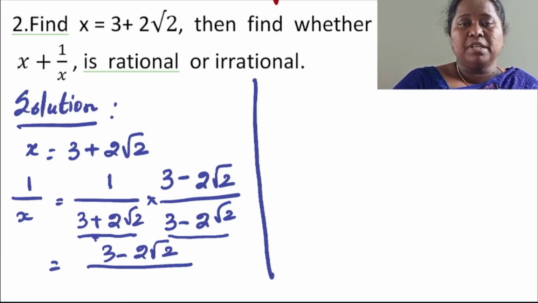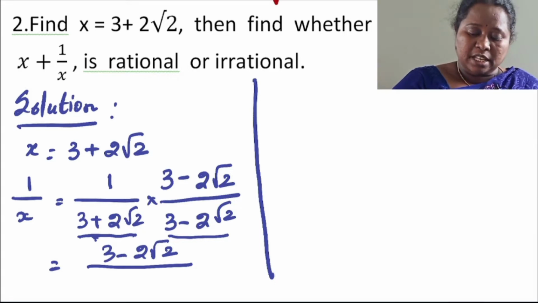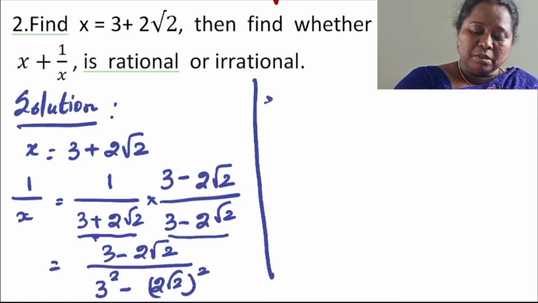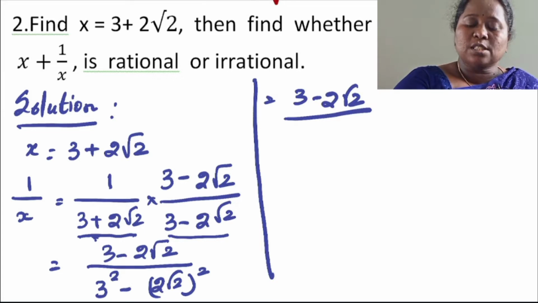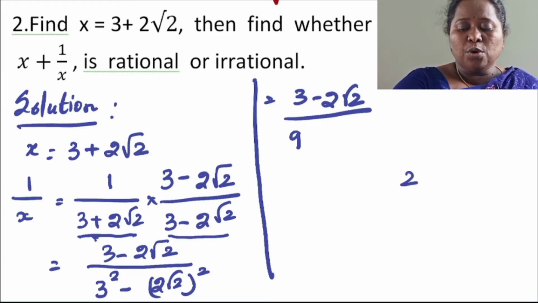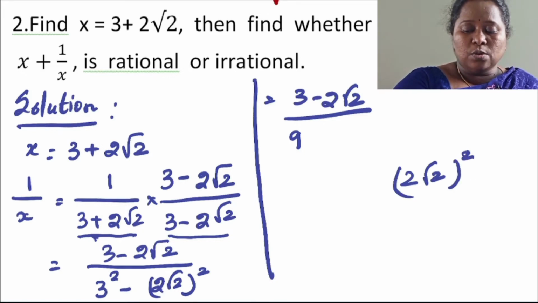By using the algebraic identity, a plus b into a minus b, we will get 3 squared minus 2 root 2 the whole squared. Then what will be the answer here? The numerator is 3 minus 2 root 2, divided by 3 squared, which is 9, minus 2 root 2 the whole square.